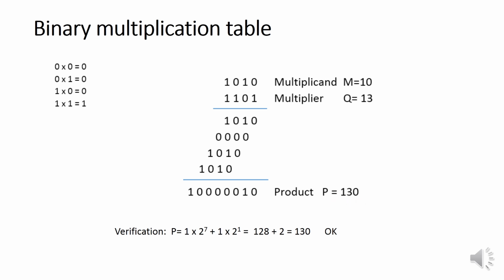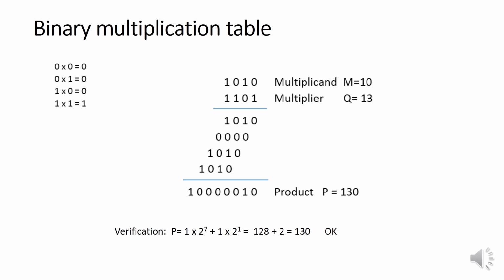Let's do it. 1 times 0 is 0, 1 times 1 is 1, 1 times 0 is 0, 1 times 1 is 1, 0 times 0 is 0, 0 times 1 is 0, 0 times 0 is 0, 0 times 1 is 0, 1 times 0 is 0, 1 times 1 is 1, and so on.